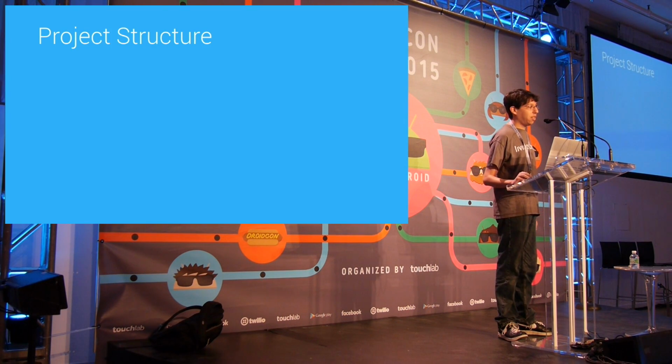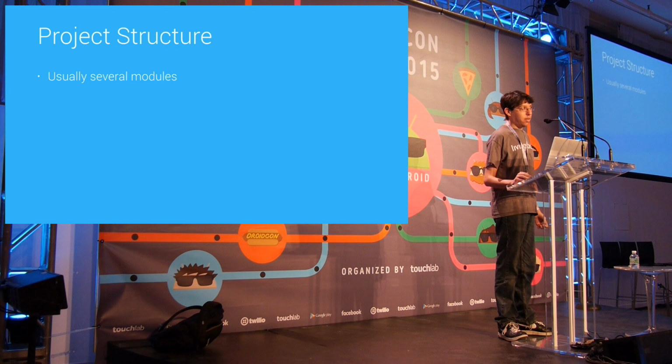For the project structure of an annotation processor, there are lots of different ways to do it, but the way that I've seen that works best is breaking your project into a couple different modules. The one I see most often is having two, one for the compiler itself and one for the API that your app will call.